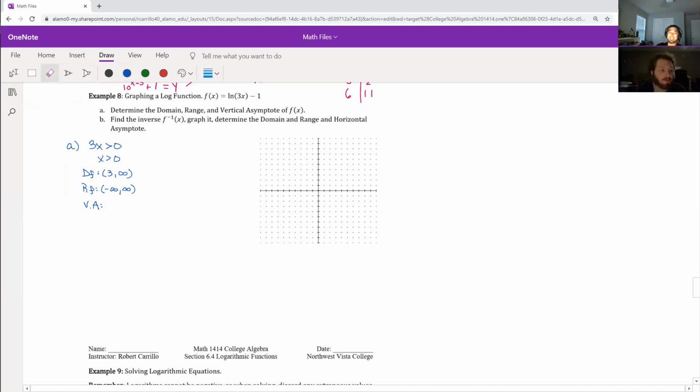Oh, yeah. You are right. So my shift doesn't matter. So my horizontal, just kidding. Vertical asymptote will be at x equals 0. There you go.